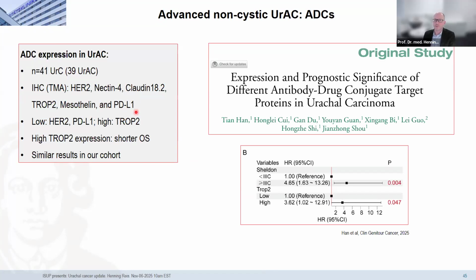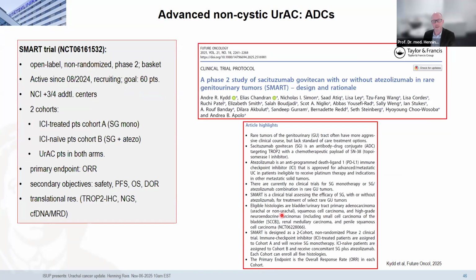What they saw is TROP2 is high, and the other markers are low. This is also what we saw in other studies, also in our cohort, but they also saw that if TROP2 expression is high, it's a multivariable factor for adverse survival.